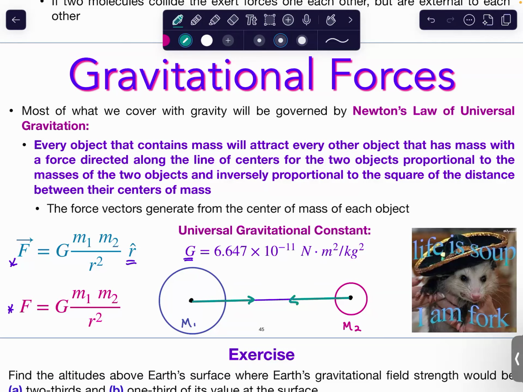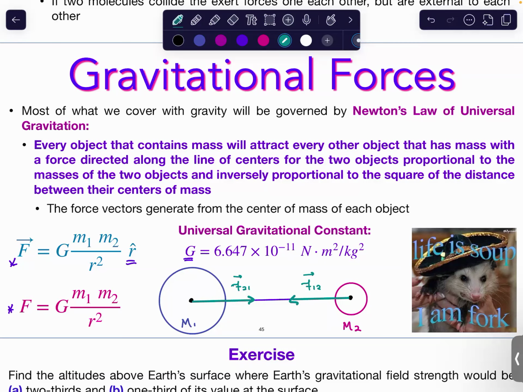Now, gravitational forces come in pairs. So here, you can say that this one is force 2,1. That's the gravitational force of mass 2 on mass 1. And this one is force 1,2.